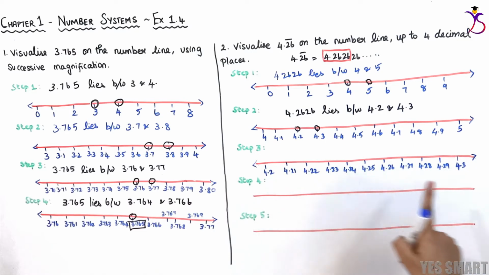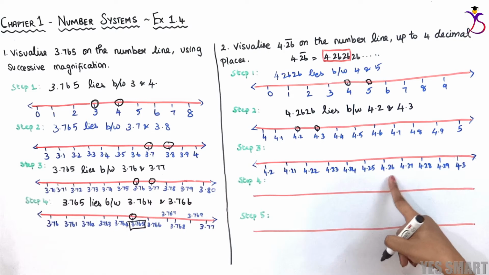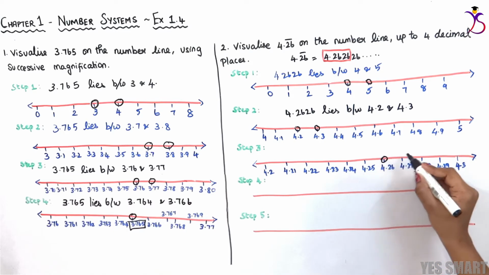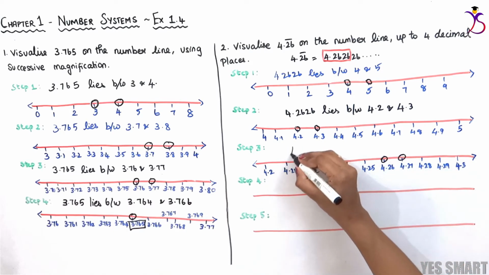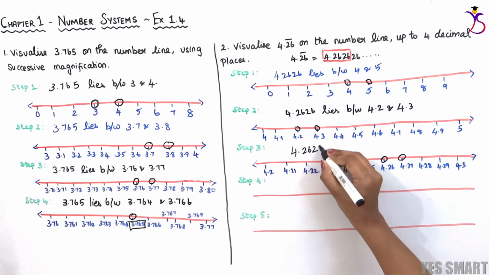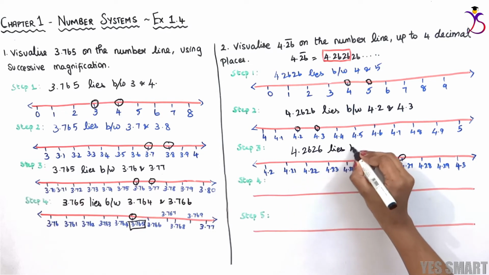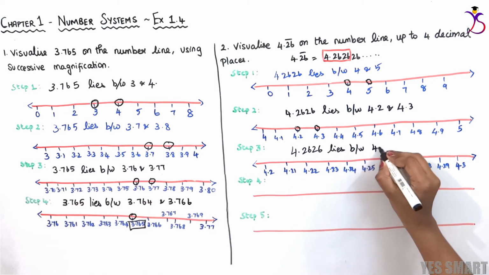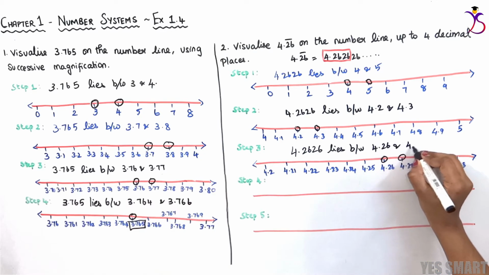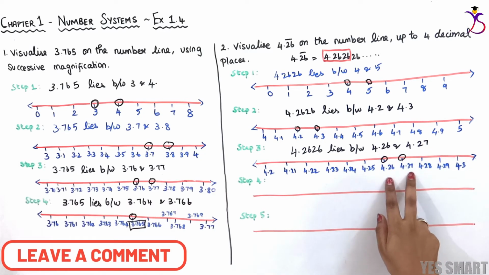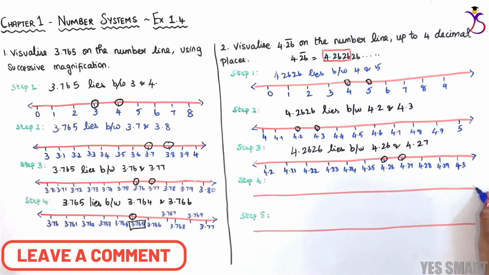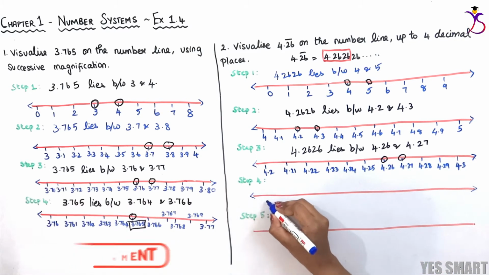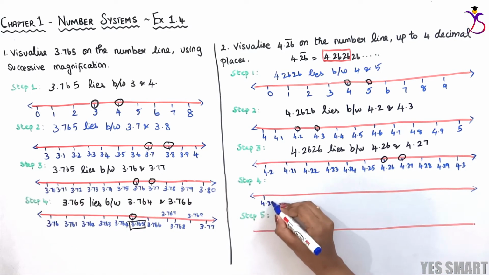Now the given question 4.2626 lies between 4.26 and 4.27 because it is greater than 4.26 and lesser than 4.27.